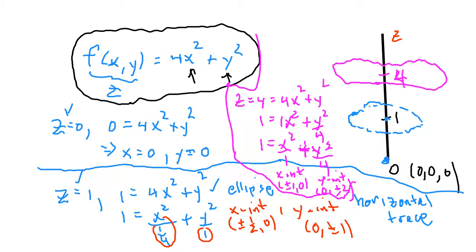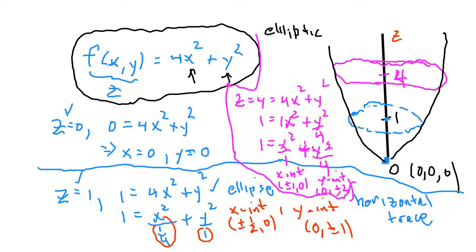And you see the idea. I'm sorry, my graph's not perfect, but the point is, if you connect all these ellipses up, you're going to get a picture that looks like this. And this is what's known as an elliptical paraboloid.